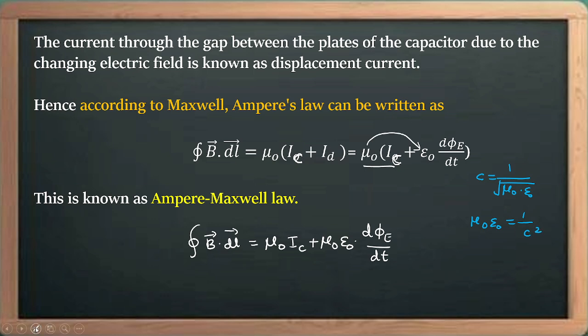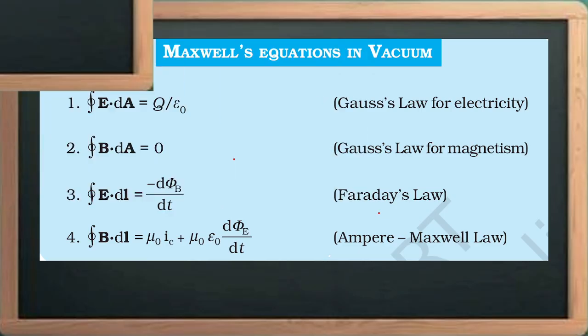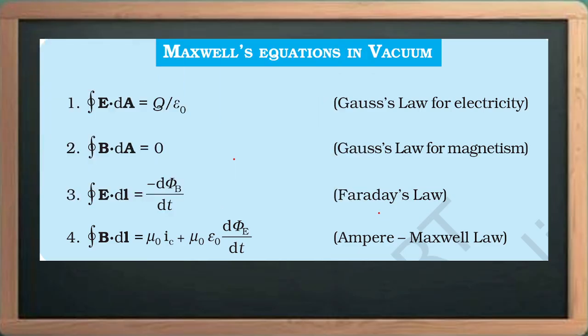You can substitute that here and you will get the formula B dot dl is equal to mu naught into IC plus 1 divided by c square into d phi e by dt. This is one formula. Like this, there are four Maxwell's equations. All are very important.